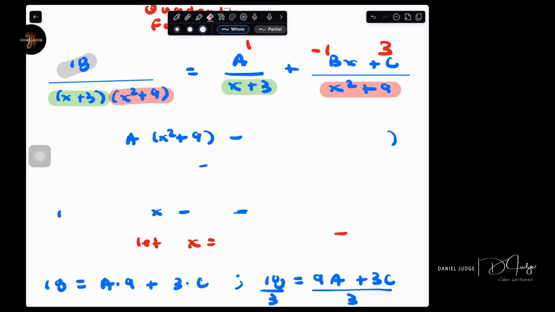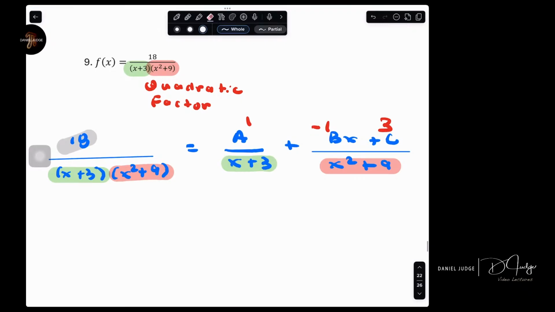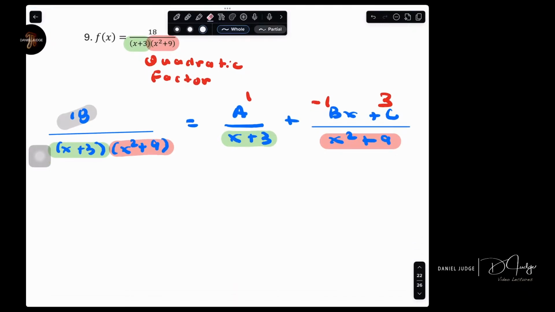So I prefer the second approach, in all honesty. I think it's a lot easier than taking cases. But if we're looking at linear factors or that first quadratic, linear factors are fine to take cases, but I actually prefer this approach.